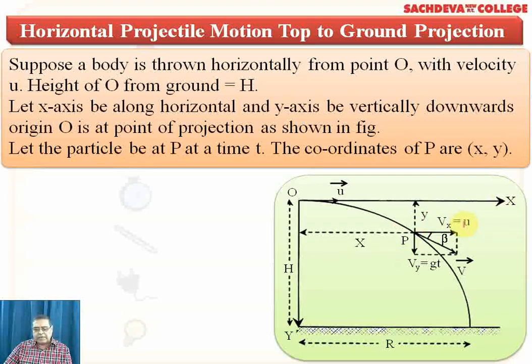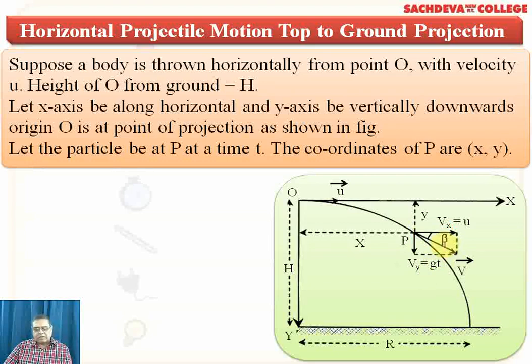The other component is Vy, and that is equal to gt. We know that vertically v is equal to u plus gt, but u is 0 initially along the y-axis, therefore Vy is taken as gt, and the angle is taken as beta. So the velocity is making angle beta with the horizontal.